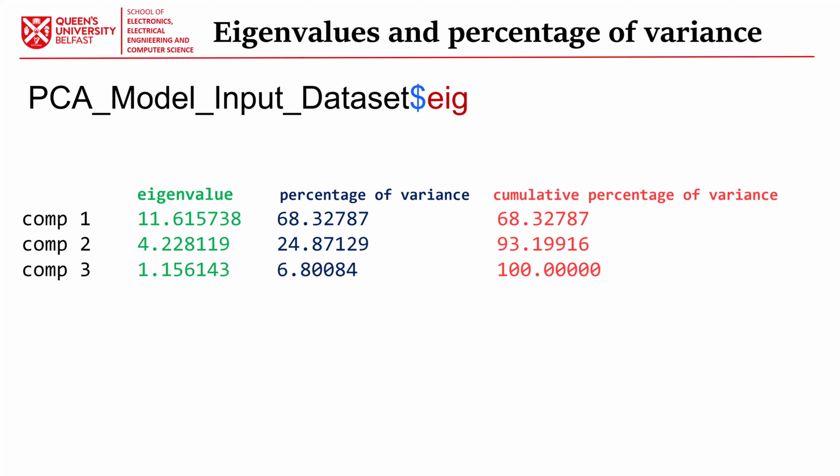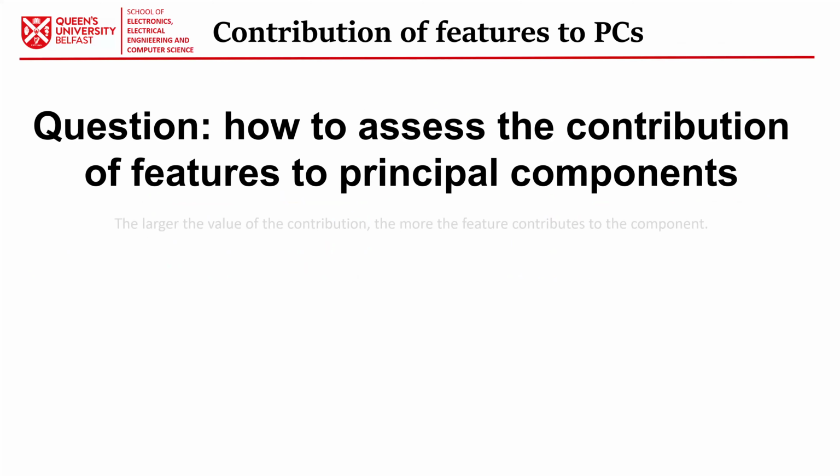Again, we have the percentage of variance for this new axis or new principal component, and this is the cumulative percentage of variance: for principal component 1, 68. When adding principal component 2 it's going to be 93%, and when adding principal component 3 it's going to be 100% of the variance of all data for these three principal components.